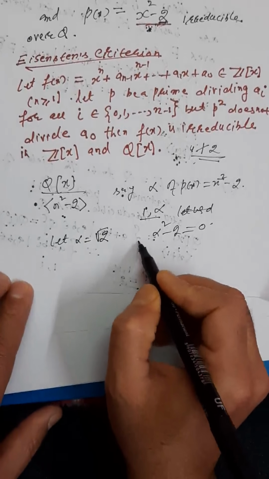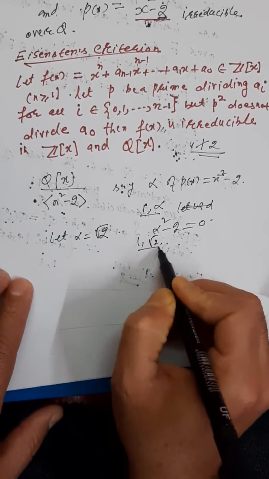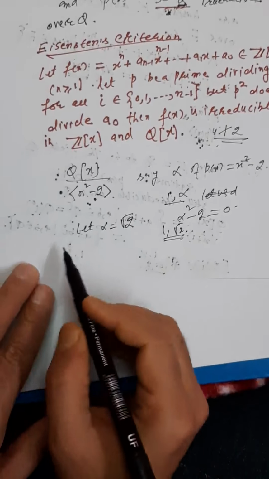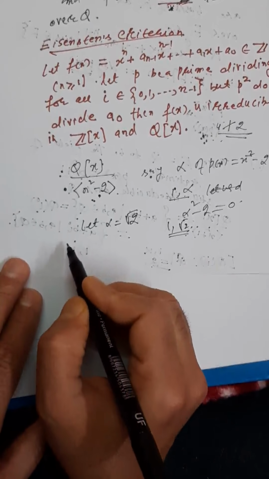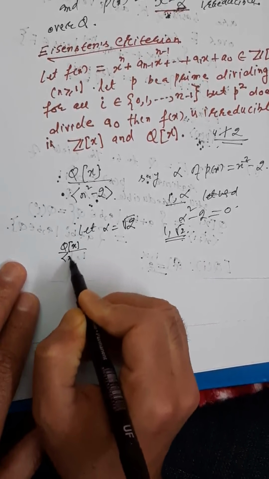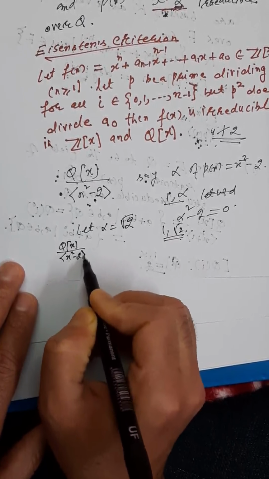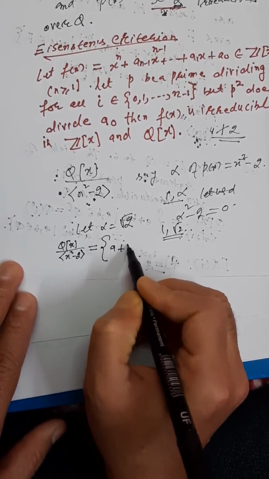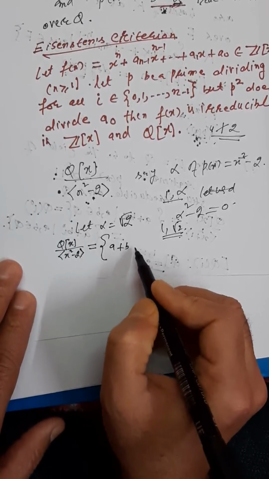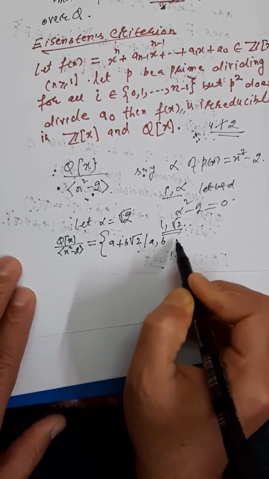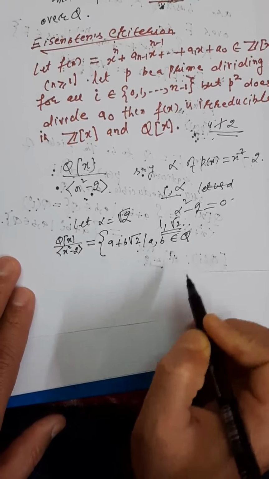Then 1 and square root 2 would be the basis of this extension over Q. So by the theorem above, this extension Q[x] over the ideal generated by x² − 2 would simply look like a + b√2, such that a and b belong to Q.